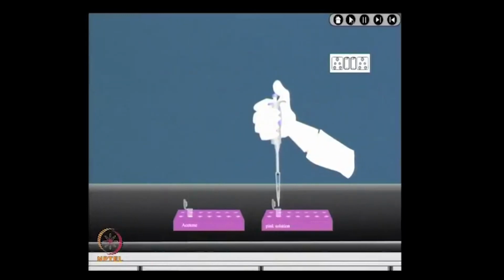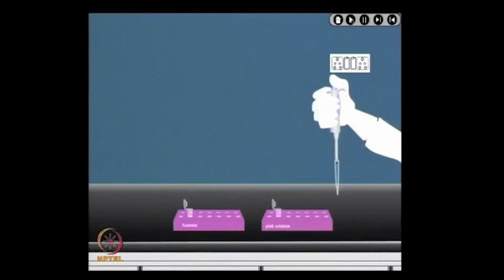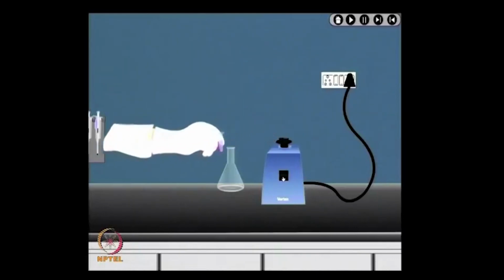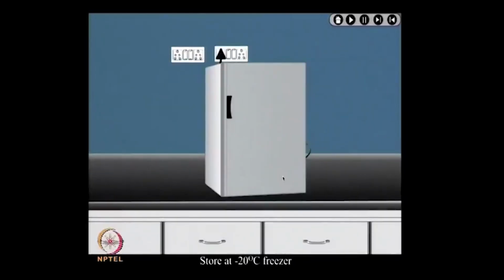Protein pellet can be washed with 95% ethanol for 3 to 4 times. During the washing steps, you have to also vortex so that the pellet is properly washed.